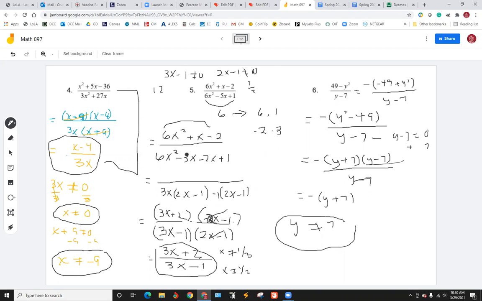I'm sorry. This is what I was telling you about, is do the denominator first because that's easier. 6 times 1. So the only two factors of 6 and 1, and it's +6, are 6 and 1. So they got to both be the same sign because this is positive. And so both of the signs have to be negative.